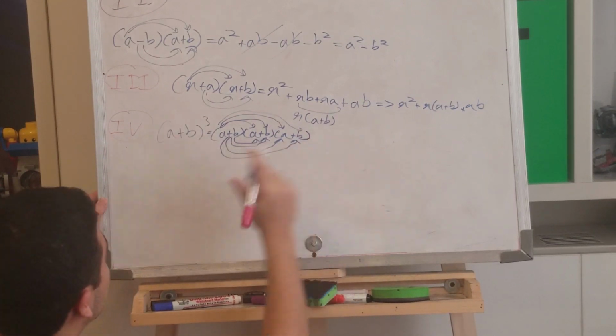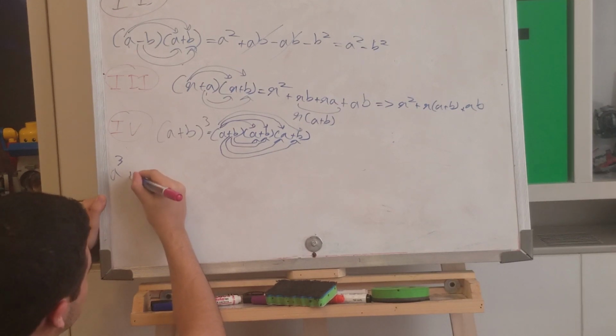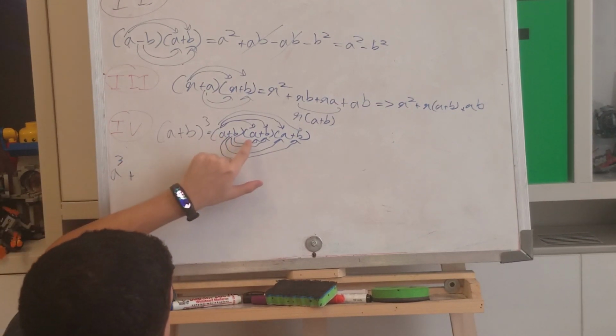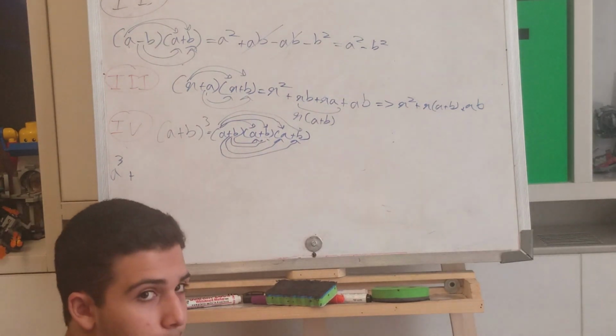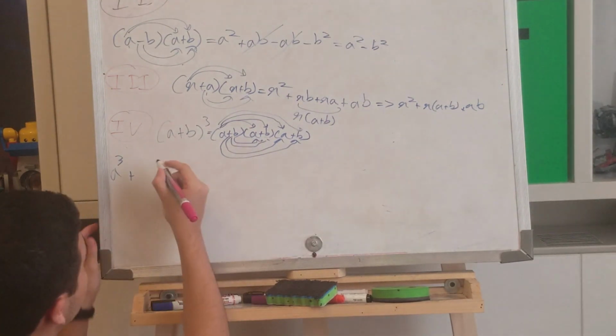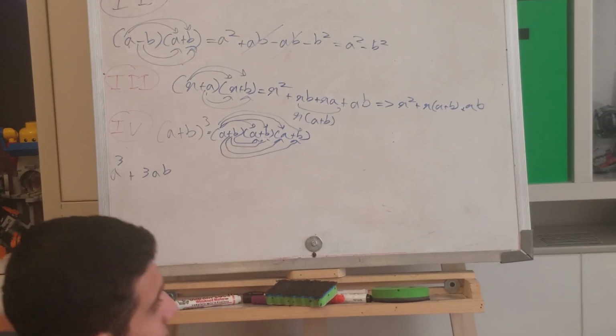So first of all, I get an a cubed here plus. Now, there's an ab, but the difference is that there are 3 abs in this area. So you write 3 abs. Now, here's the catch.